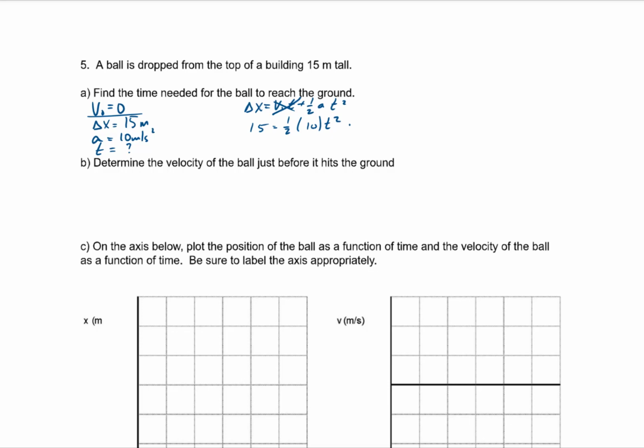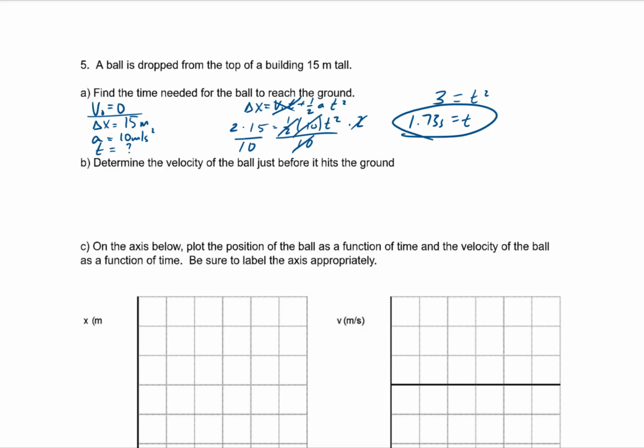It's already on top. So the first thing I need to do is multiply both sides by 2. That's going to get rid of the 1/2. Then divide both sides by 10. That leaves me t squared is equal to 2 times 15 divided by 10, or 3 is equal to t squared. So we'll take the square root of 3. And that time is 1.73 seconds.